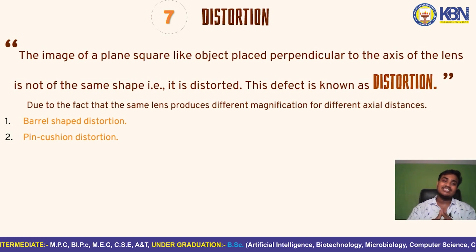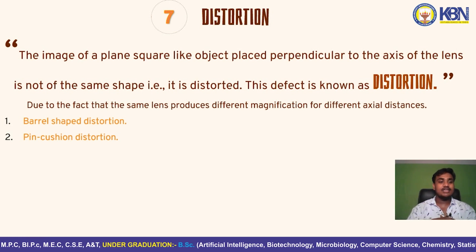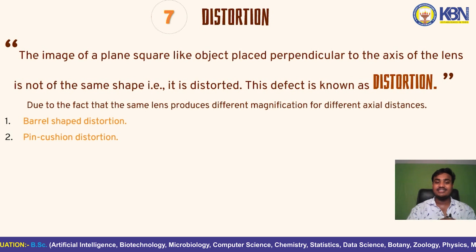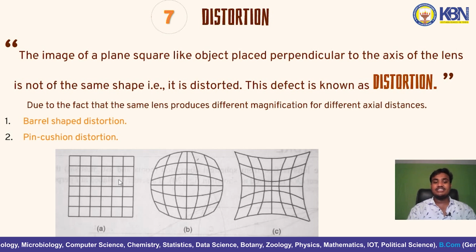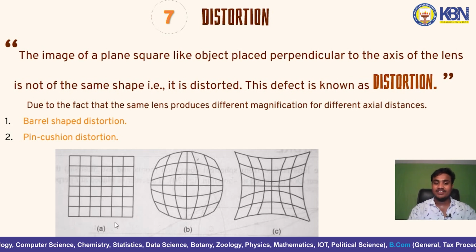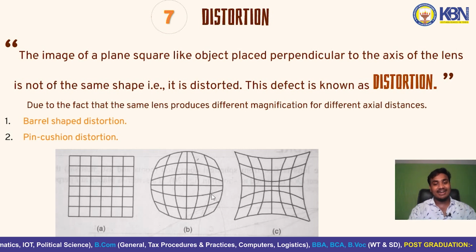The distortion is classified into two types. They are barrel-shaped distortion and pin-cushion distortion. Here you can see, if you place a rectangular mesh in front of a convex lens and the image formed is of a barrel shape, then this distortion is known as barrel-shaped distortion.